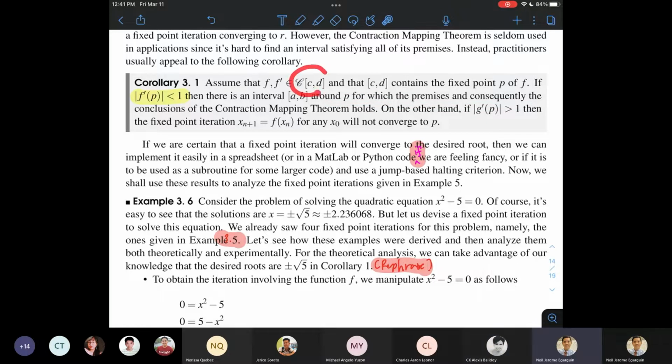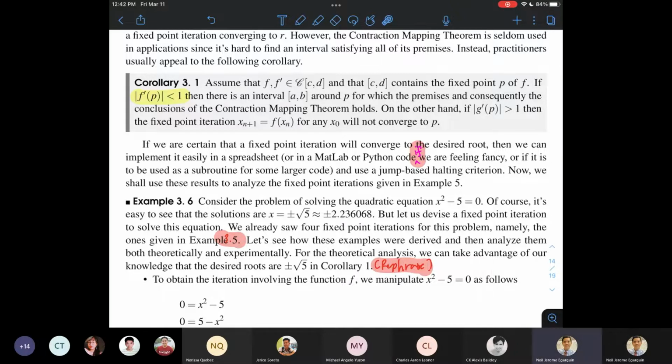So, nag-start ka sa isang malaking interval kung saan continuous si F at saka si F prime, tapos na meron dong fixed point. Kapag yung derivative evaluated at P has a magnitude less than 1, then sure tayo may nag-exist na interval AB na nasa-satisfy na yung premises, and so, pati yung conclusions ng contraction mapping theorem.